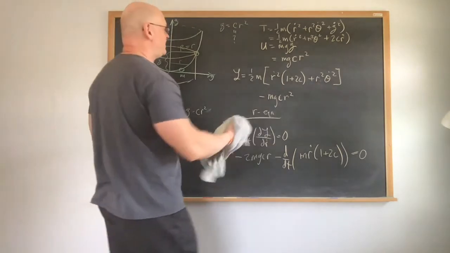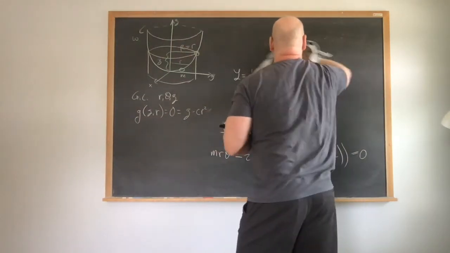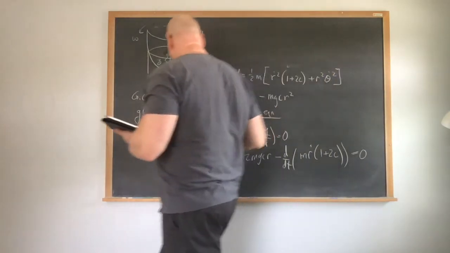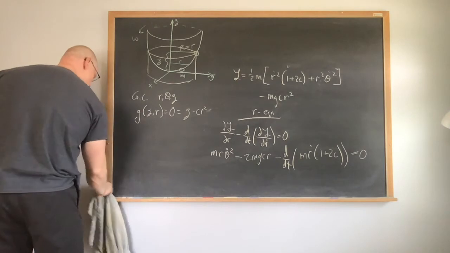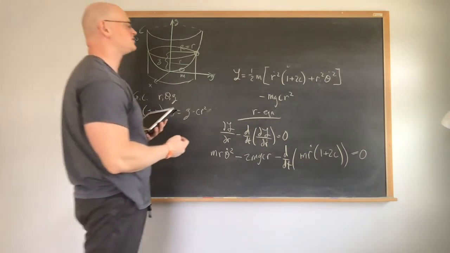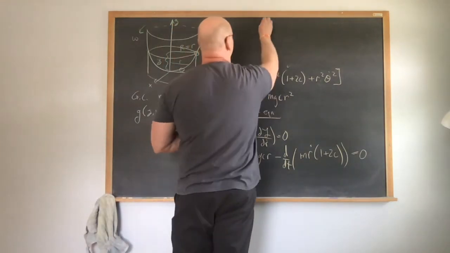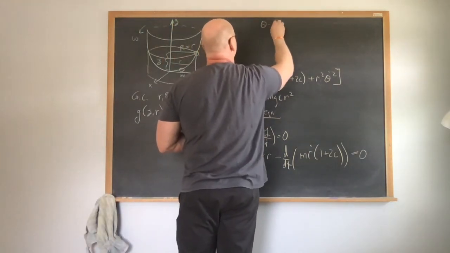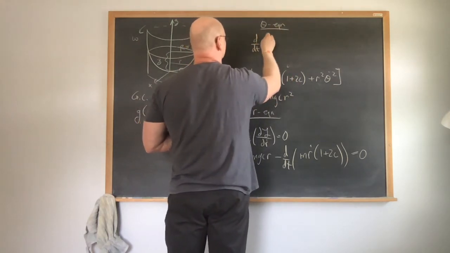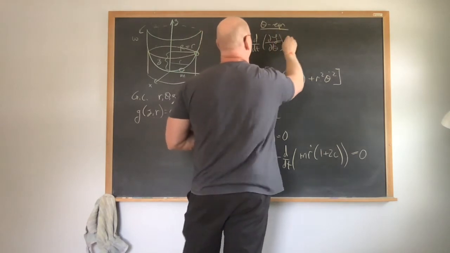Now we can look at our theta equation. Let me get rid of this top part here. Now notice again when we do the theta equation, nothing depends on theta, which means that this first term is actually going to be 0. Which means for the theta equation, we simply have that the time rate of change of the partial with respect to theta dot is equal to 0.